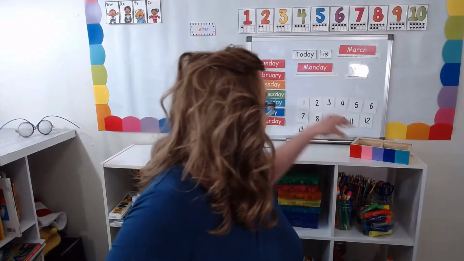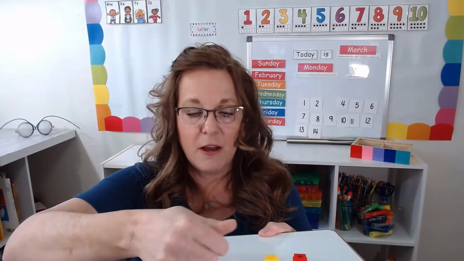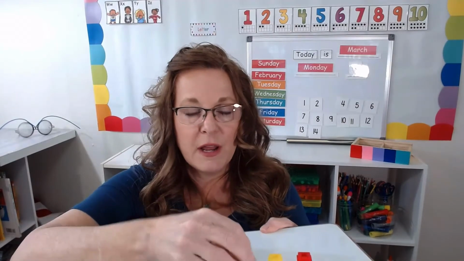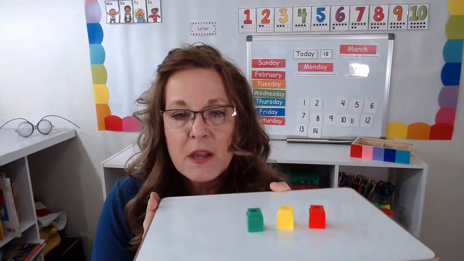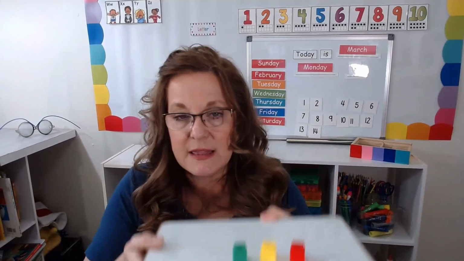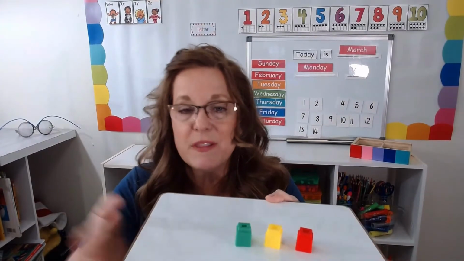It might be, okay, boys and girls, what number is this? 3. Can you show me what 3 looks like? I know they have their whiteboard and counters with them. Then I'll have them put that amount up on their board, and they hold it up for me. So I'm giving them ways they can show me without moving their camera.